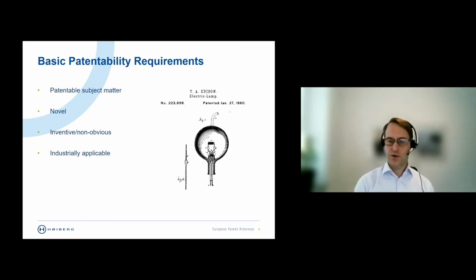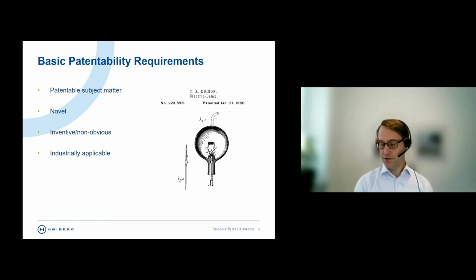So we move on. Here are the basic patentability requirements. This is good to know when we move into software patents in a while. The first bullet is patentable subject matter, and it's different in different countries. In Europe, for example, you basically say that you can patent everything except, and then there's a list of things you cannot patent.